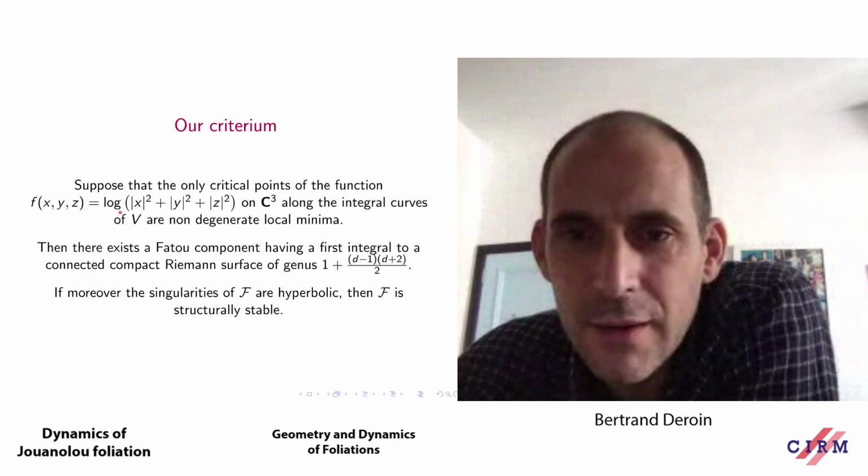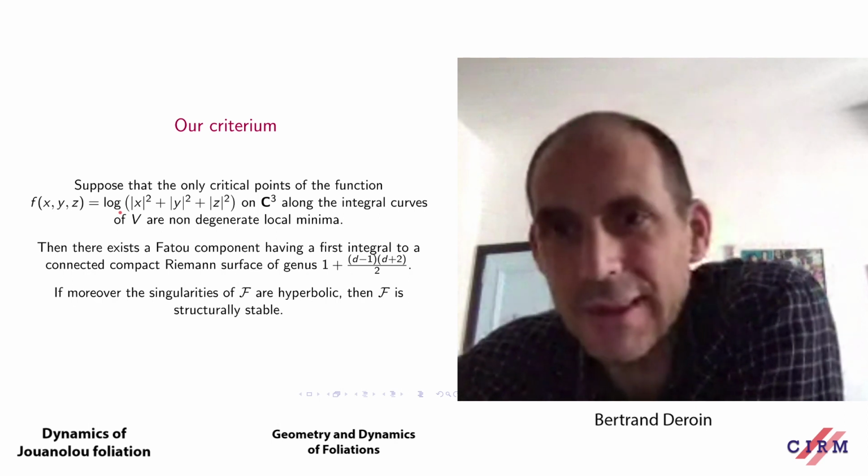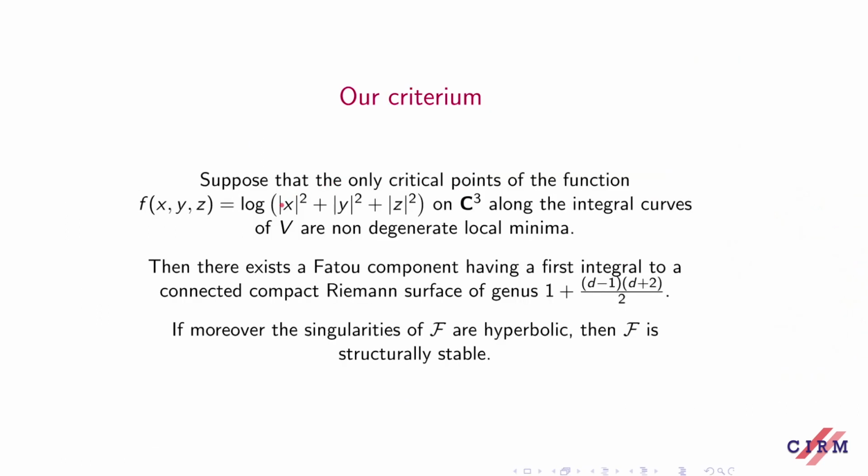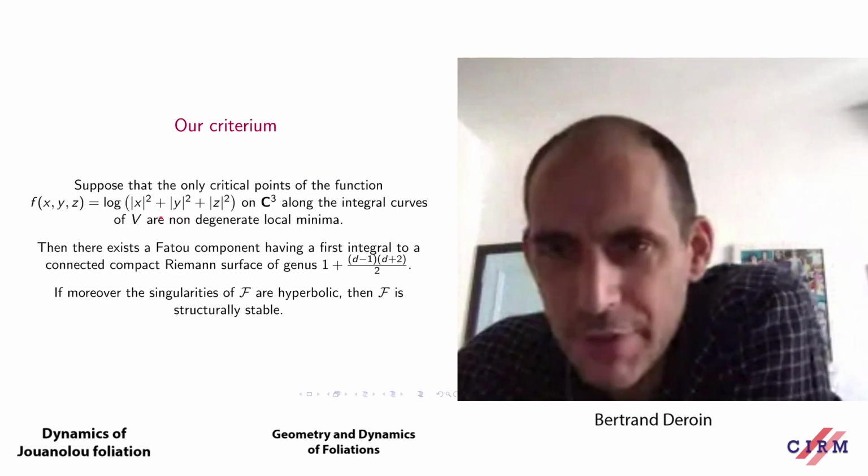Of course, you need to take something which is homogeneous, and something which has some convexity property. Here the log of the Hermitian norm is a subharmonic function, in place of a harmonic function. So you will need to have these kinds of properties.